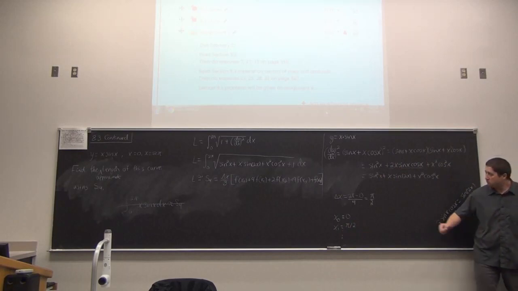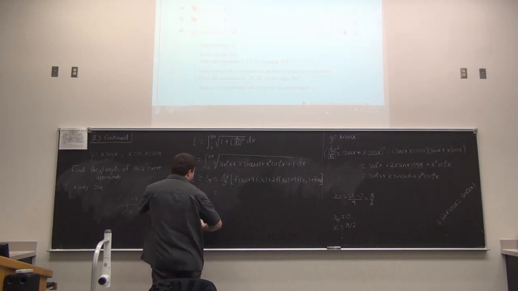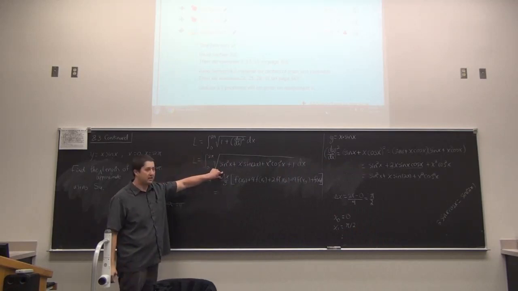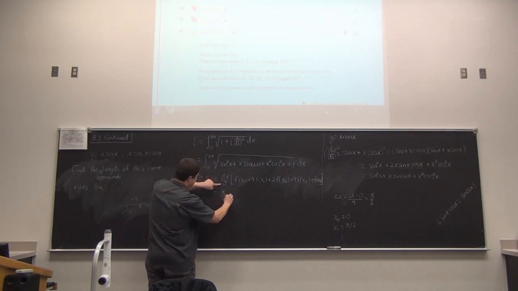So we've got this setup ready to evaluate, and we can write that delta x, which was pi divided by 2, will be divided by 3. That gives us a pi divided by 6.